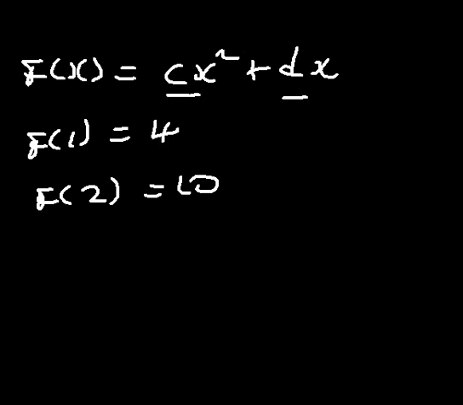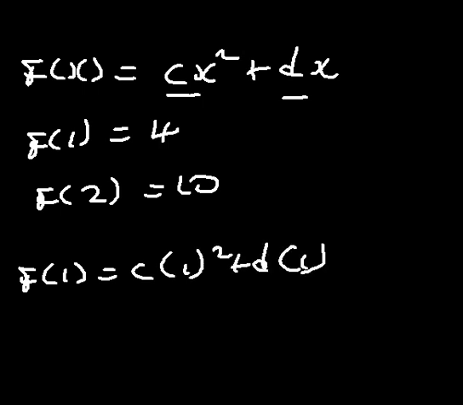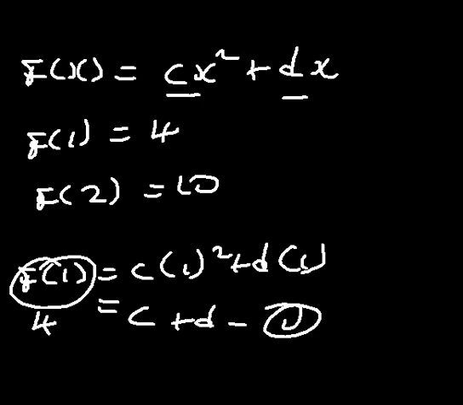Let's start with f of 1 being 4. What is f of 1? We'll have c times 1 squared plus d times 1, so c plus d. But f of 1 is 4, so 4 is equal to c plus d, which is equation 1. Also do the same with f of 2, and you'll be able to solve for c and d simultaneously. So take note of that.